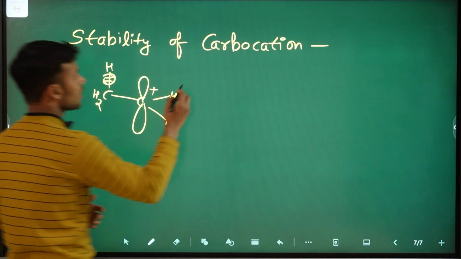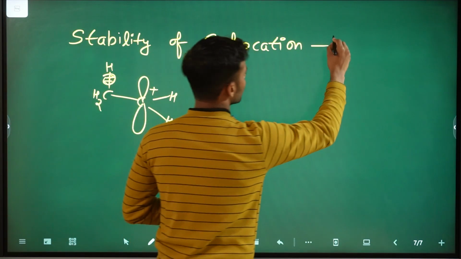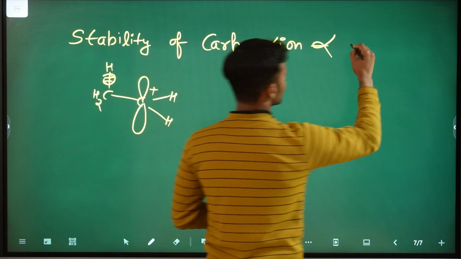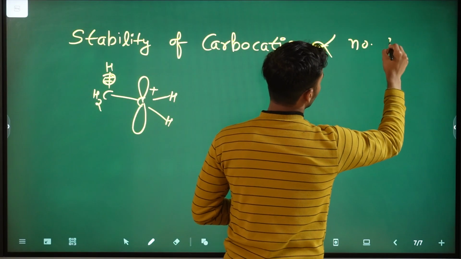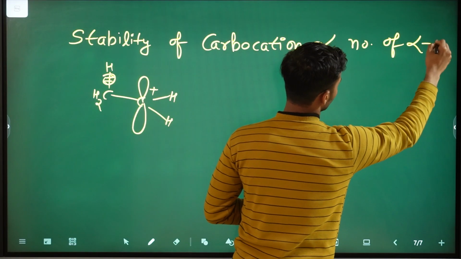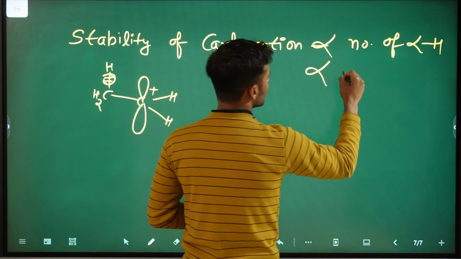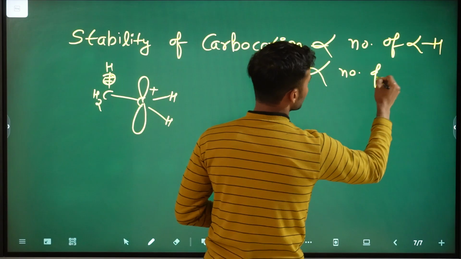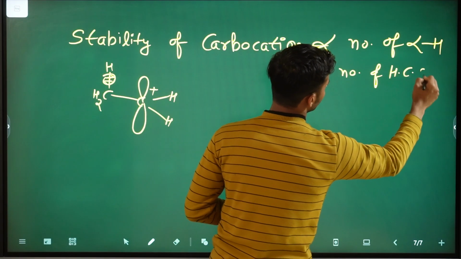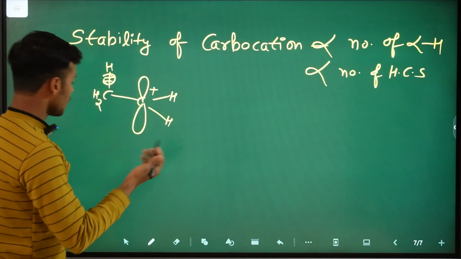So the stability of a carbocation is directly proportional to the number of alpha hydrogens, or we can also say it is directly proportional to the number of hyperconjugative structures.